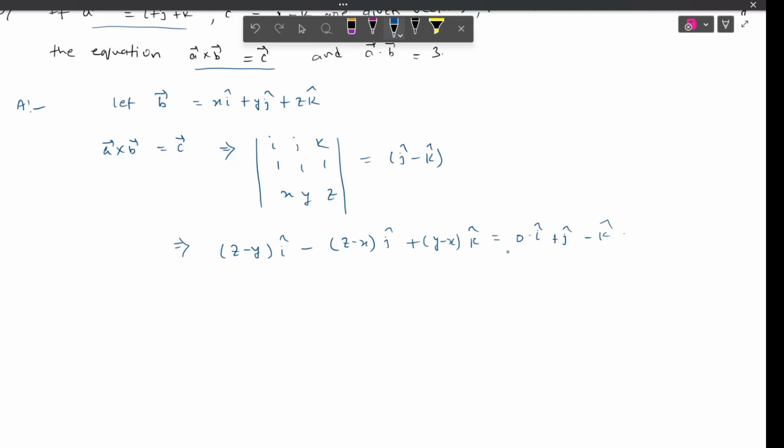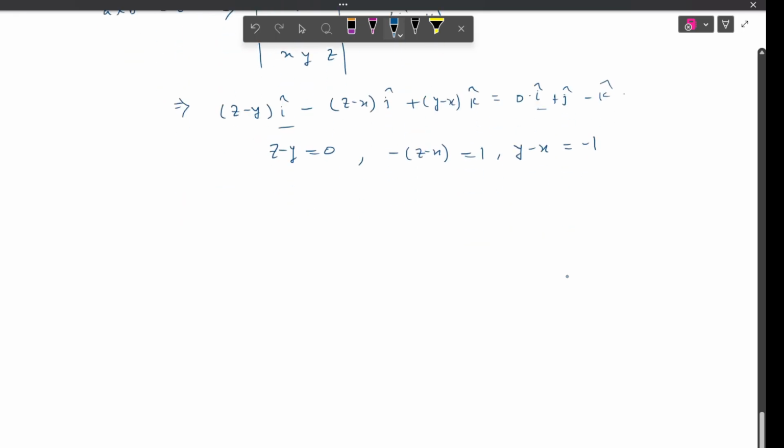So comparing both the sides coefficients, we can say z minus y, this is I, this is I. So the I component is 0 and it is z minus y. So z minus y is 0, and minus of z minus x is 1, and y minus x is minus 1.